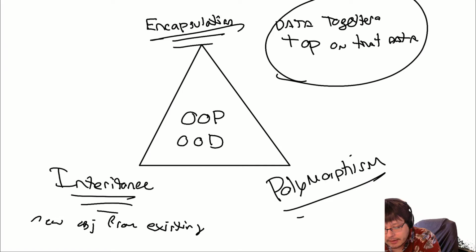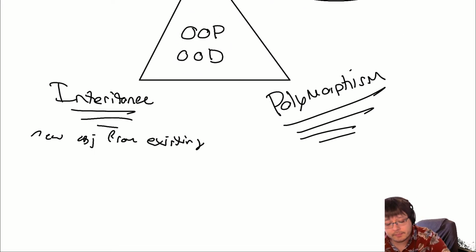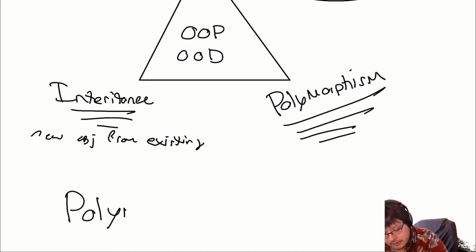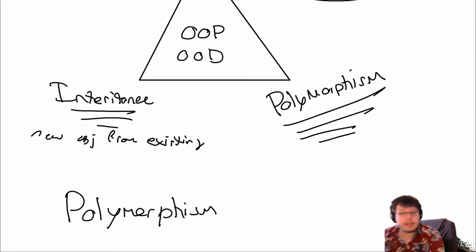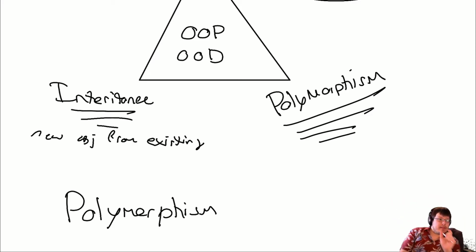Okay? Polymorphism, if you look at the, I suppose, what is this, Latin or Greek, I don't know, poly means multiple, like polygon, multiple sides, and morph or morphism is changing shapes. It means to be able to change shapes, to morph into something. So polymorphism means multiple shapes or multiple faces per se.